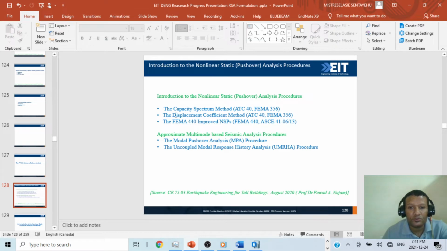So using these procedures, the capacity spectrum method and displacement coefficient method, both I will show you in a minute.